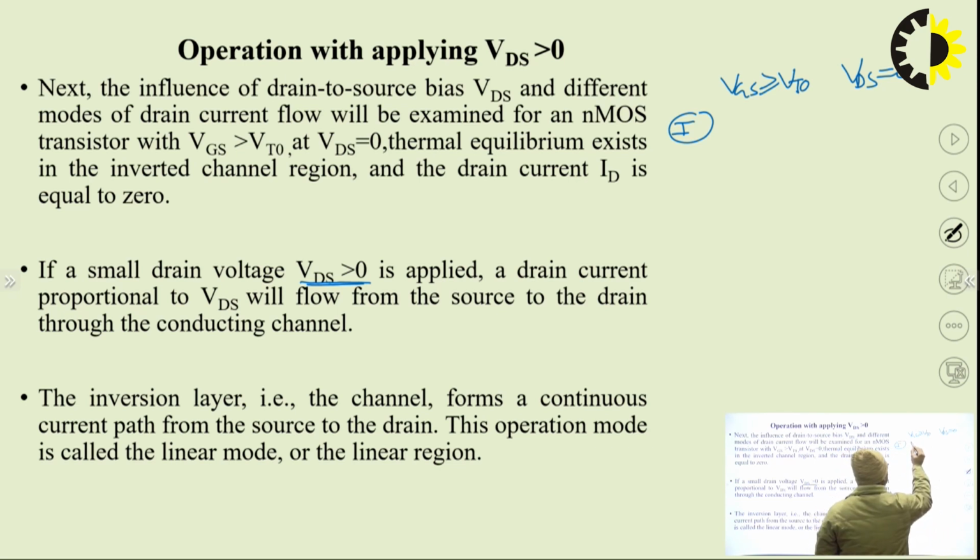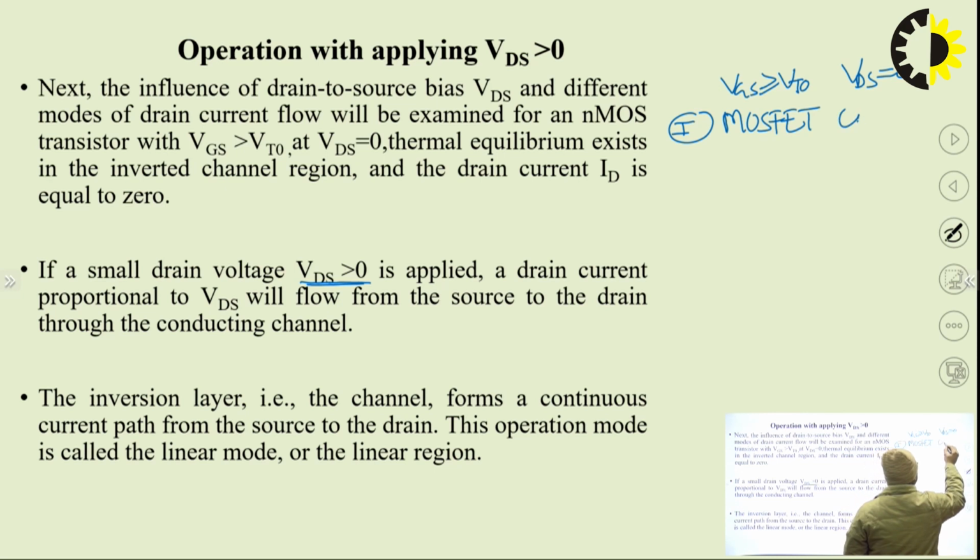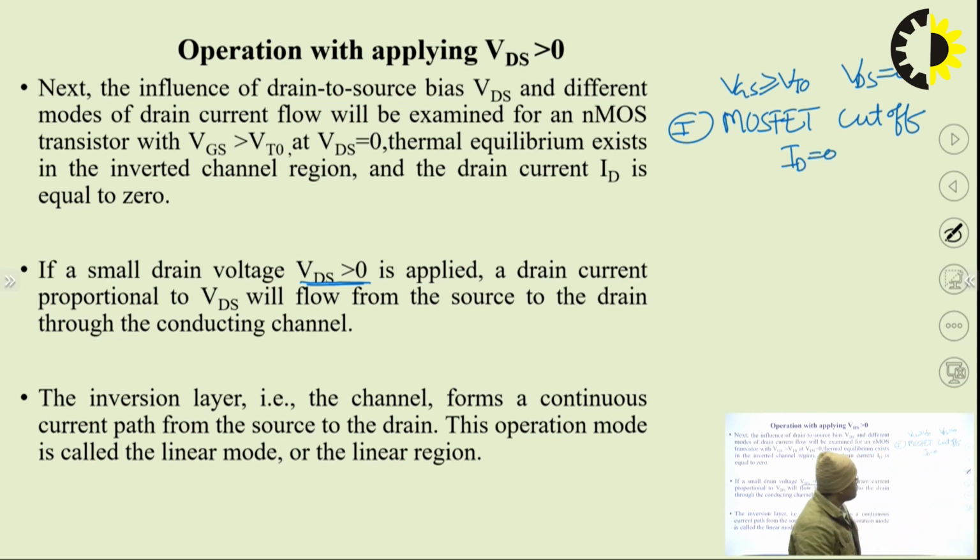Then the MOSFET is working in the cutoff mode. Cutoff mode means there will be no current, ID will be 0. VGS is greater than VT, but VDS is 0. It means we have no current. The MOSFET is in cutoff mode.